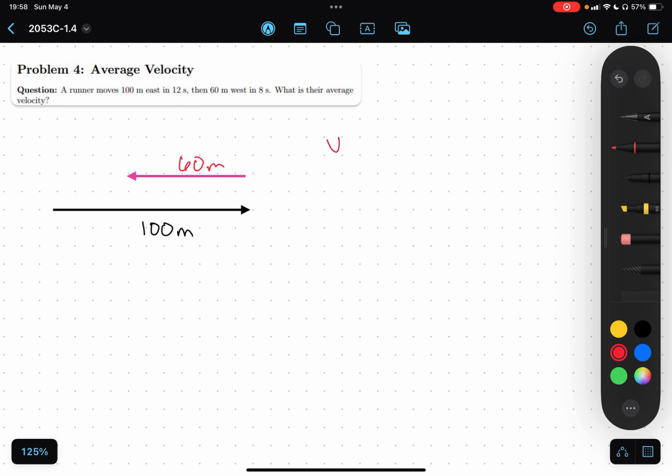So in order to find average velocity, it is going to be equal to the change in position divided by change in time. So our change in position is the distance between the starting and the ending point. Right, so it's just this distance here.